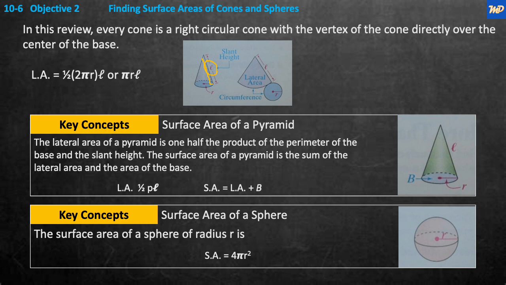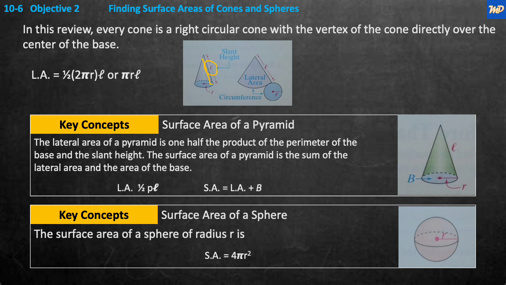And the SA, the surface area, is the lateral area plus the base area. And the next key concept, you see L is the slant height. Here's the base, and there's R on the base, so we can find everything we need right here. We know the distance around the circle, that's this P. L is the slant height, and it's 1/2. And then the base is just pi r squared for the area of the base.